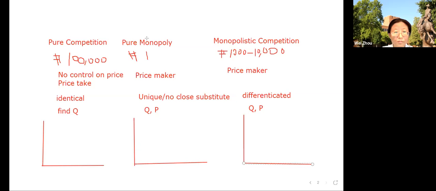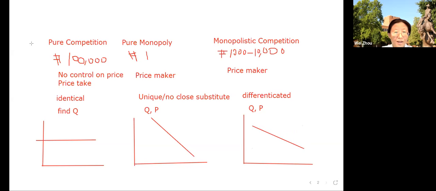Okay, so let me draw them together. For pure competition, your price is pre-decided by the market. For pure monopoly, your price is controlled by yourself. For monopolistic competition, you have some control over the price, but the demand is more flat. The more control on the price, the more steep; the less control, the more flat, until you go to pure competition, very flat.